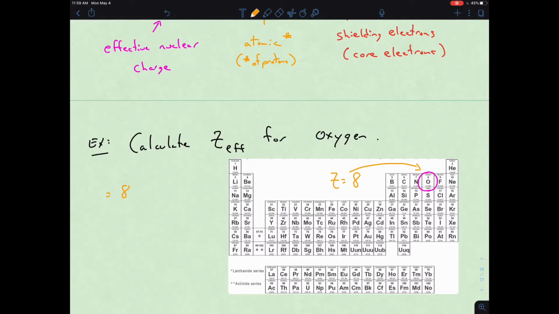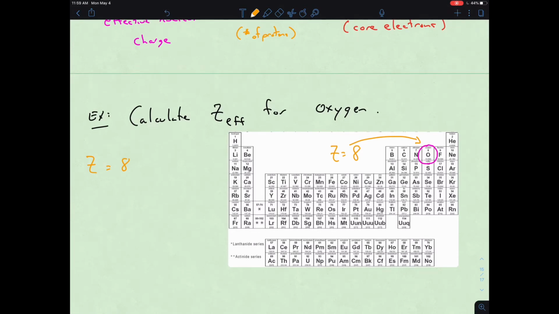Now we have to figure out its core electrons. And if we look at oxygen, let's do the noble gas shorthand. That would be helium, and then 2s2, 2p4. So here is our core electrons, which is really just 1s2.